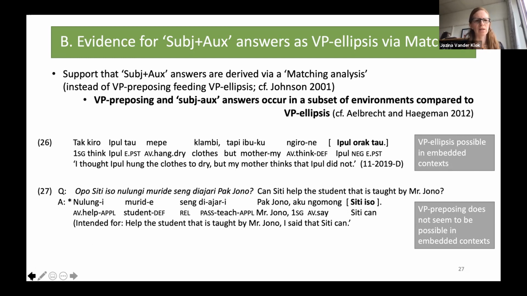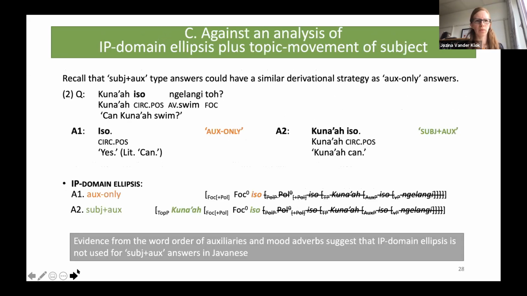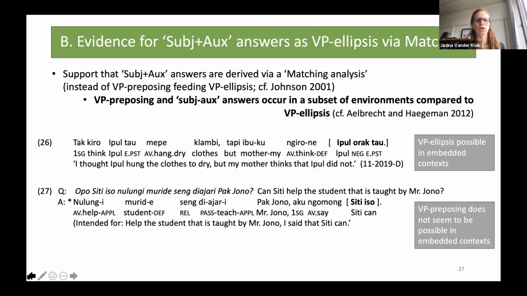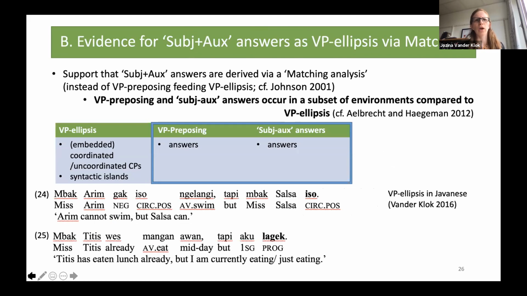But what I will say is that even in examples from when I was first looking at this, where I didn't have a discourse context, clues that speakers gave was that they supplied a yes/no question to allow for overt VP preposing to be felicitous. So sorry, just to back up, if we go to this slide, yeah.